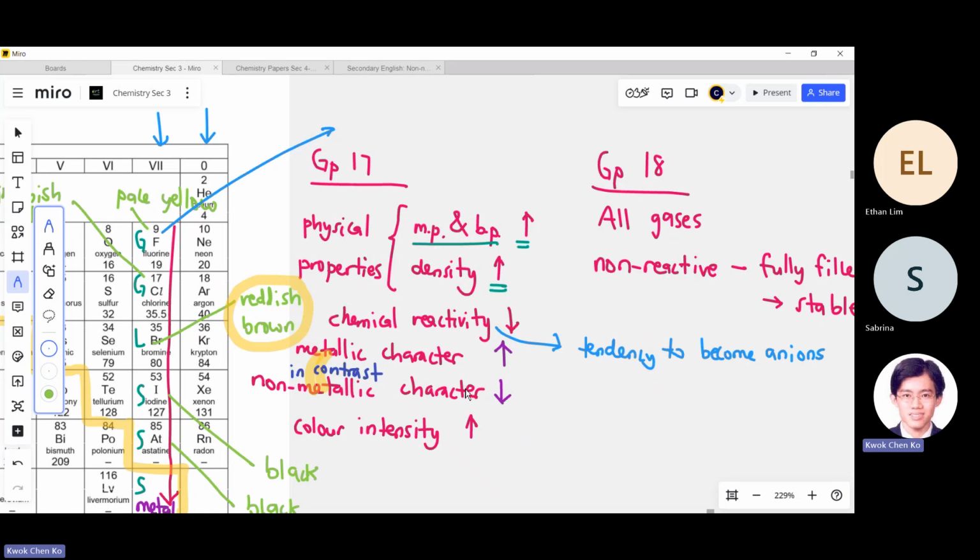In fact, fluorine loves to become an anion the most. Instead of staying in elemental form, it loves to become an anion.